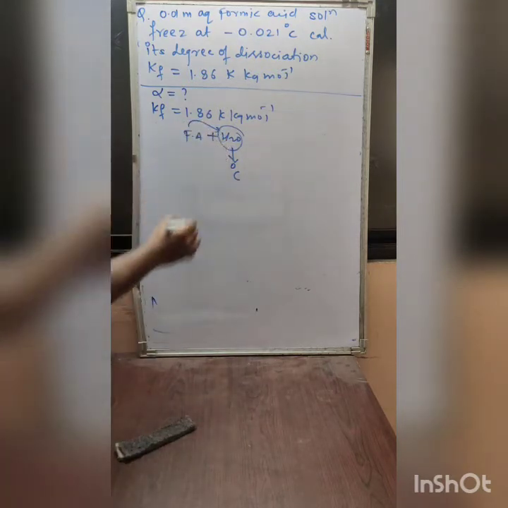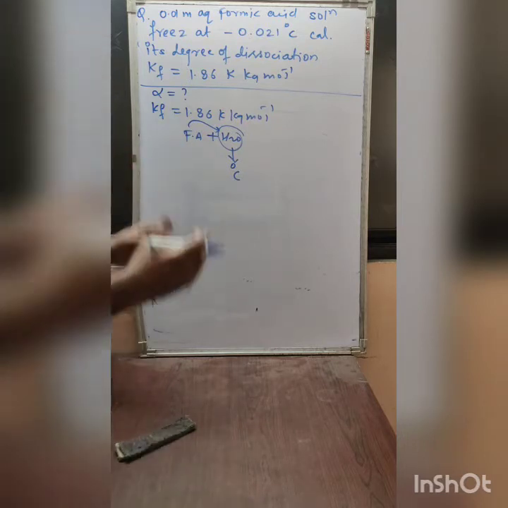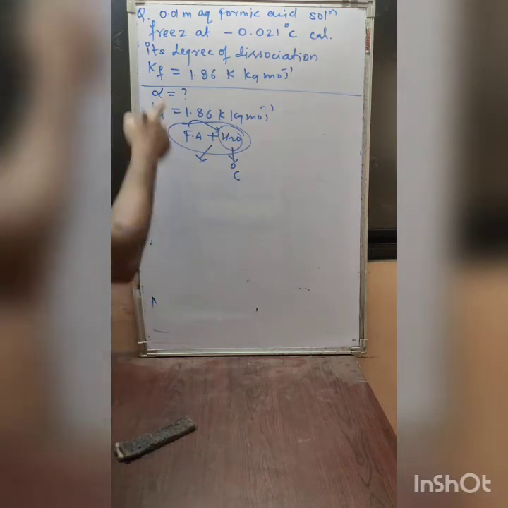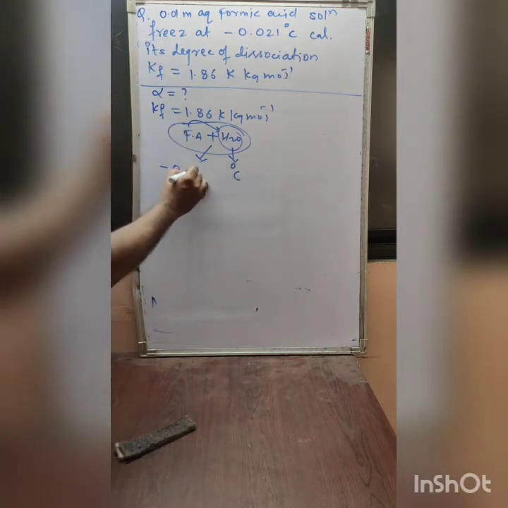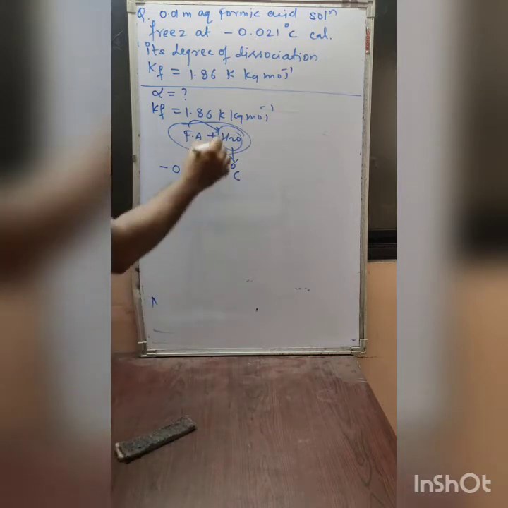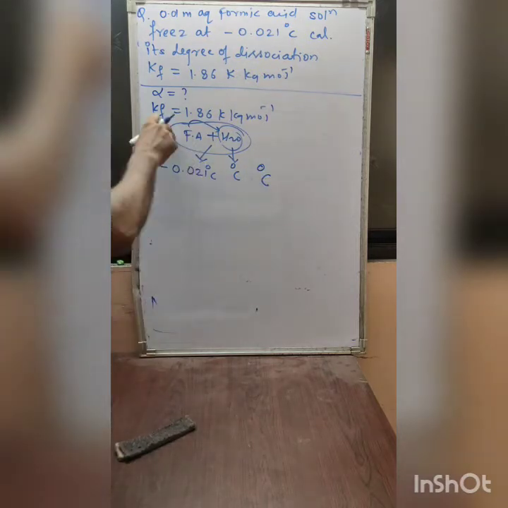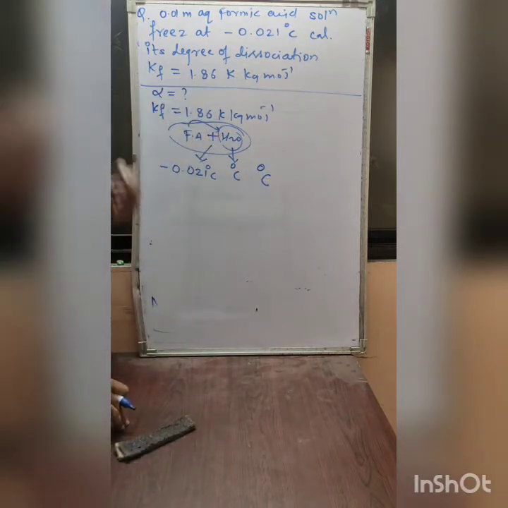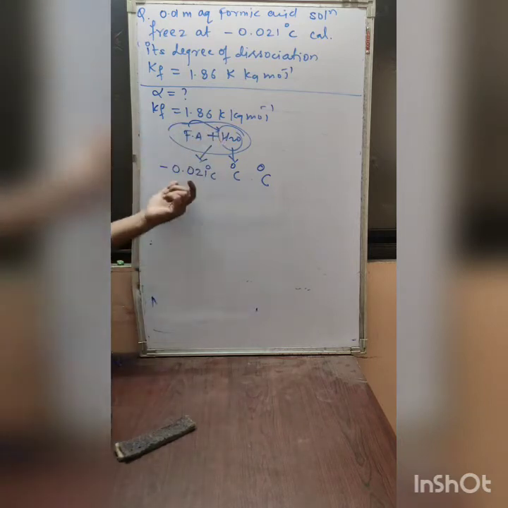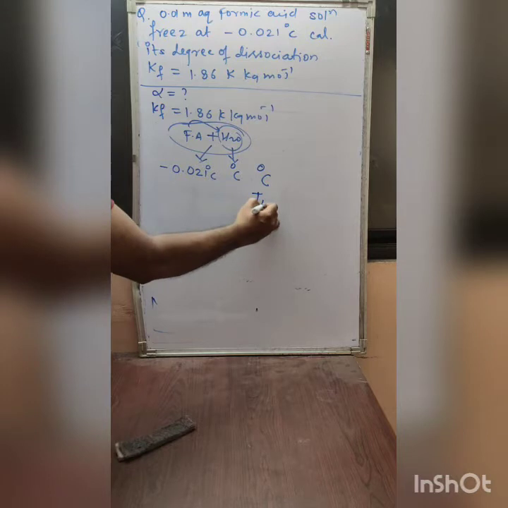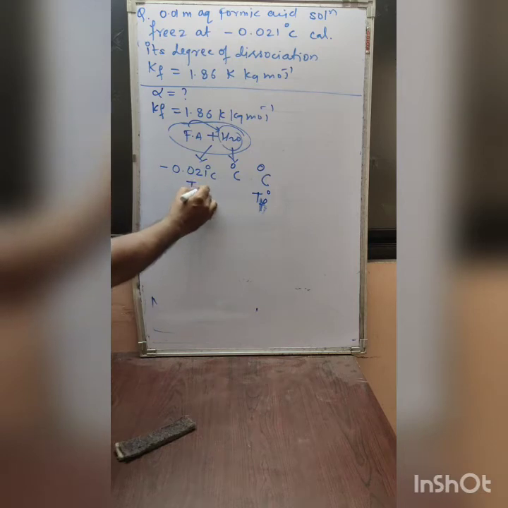When formic acid is added to the water, it forms a solution, and this solution freezes at minus 0.021 degree Celsius. So I can say that this is TF 0, and this is TF.